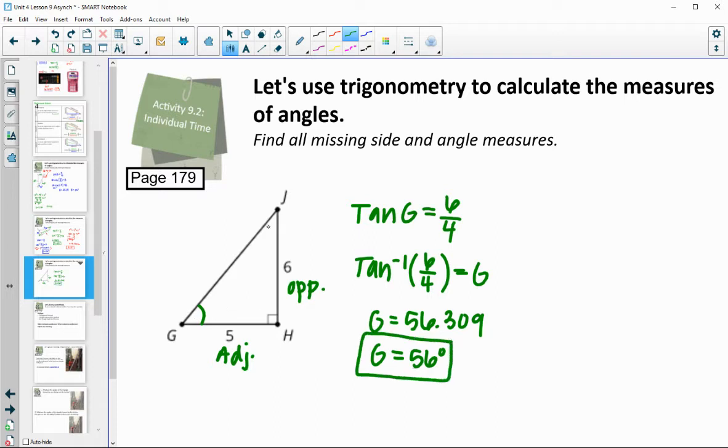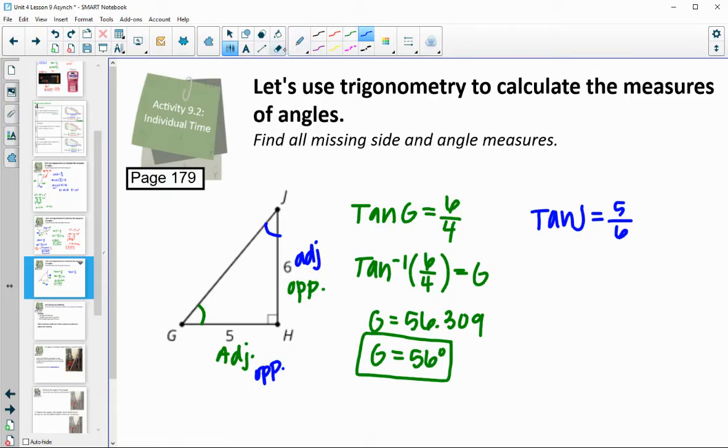Then you could certainly subtract to get J. You could also set up a function using J as your angle. So this would now be the opposite side. This would be the adjacent. So for the tangent of J, the side opposite of angle J is 5. Adjacent to it is, oh, why did I put a 4 in here?